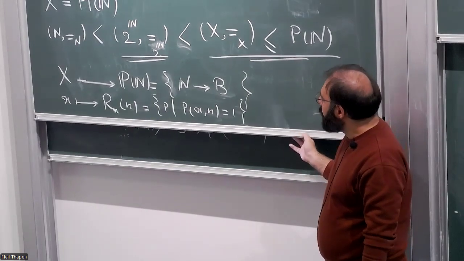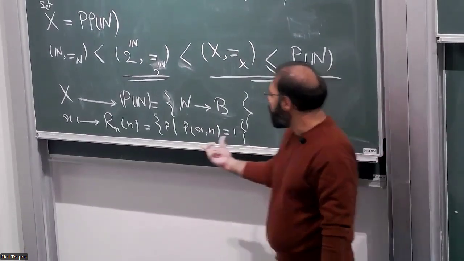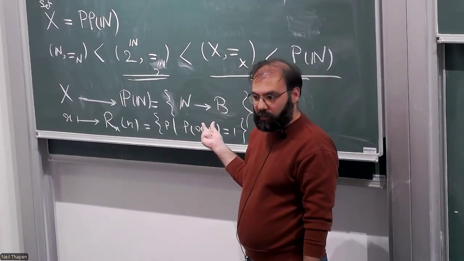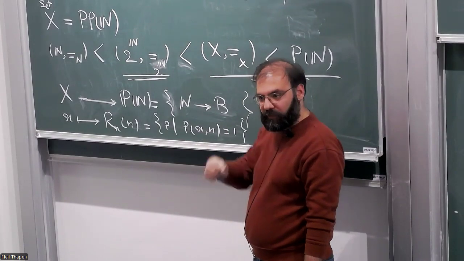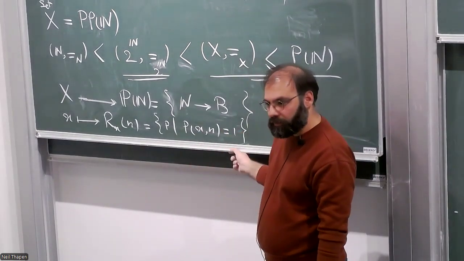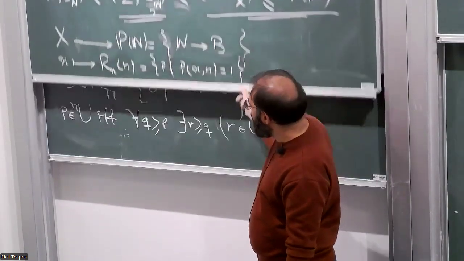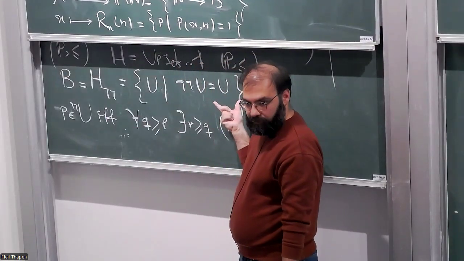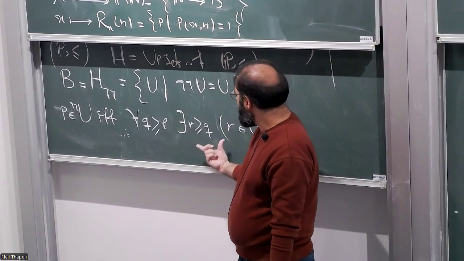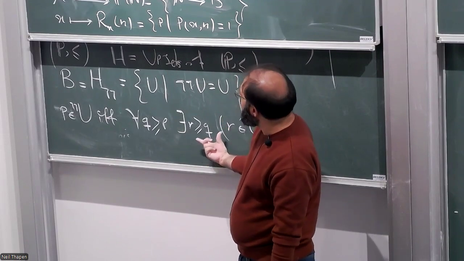And then it's not that obvious. We have to prove that this is really in B. Of course, it is an upset because if Pxn is 1, then everything above it is also 1. That's an upset, that's for sure. But it's not enough. It should be also double negation stable, right? Should be dense somehow.